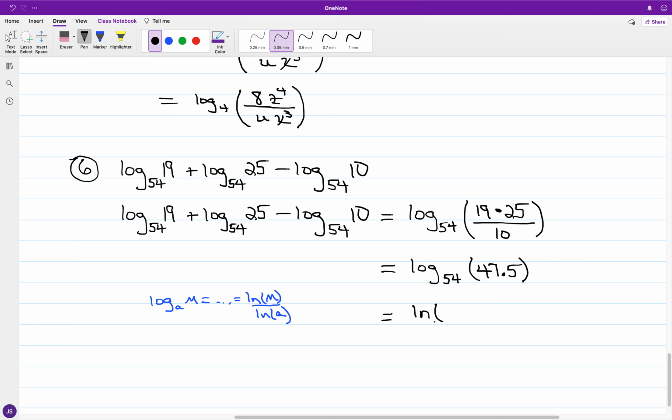So your m is 47.5, and your a is 54. And so for this output to the nearest 3 decimal places, this is going to be right at 0.968.